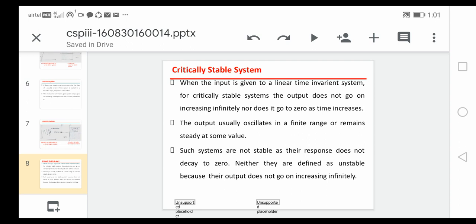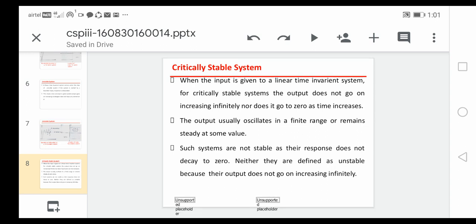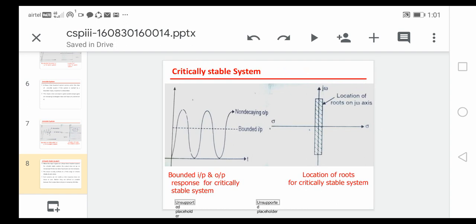Critically stable means it oscillates between some values. Such systems are not stable, as their response does not decay to zero, but neither are they unstable, because their output does not increase infinitely.